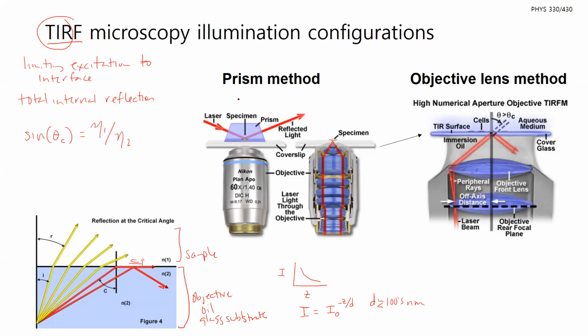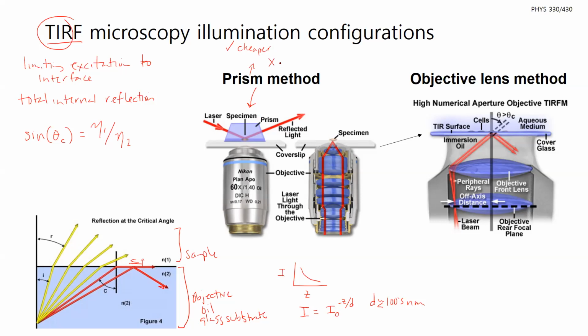There are different ways that you can achieve TIRF that I've shown here. One is you can use a prism on top of your sample, and you bring your excitation in on the top and then you collect it below with an objective. So the prism method, the benefits are it's cheaper.